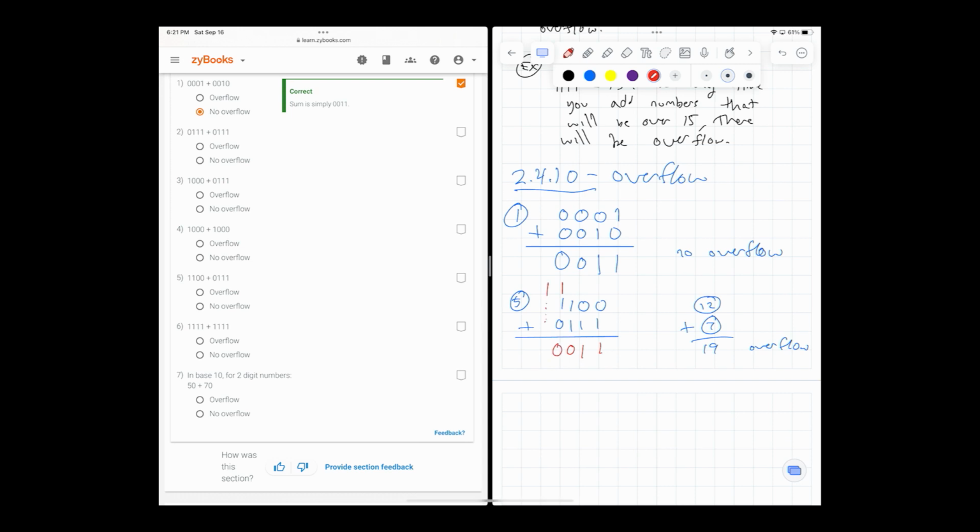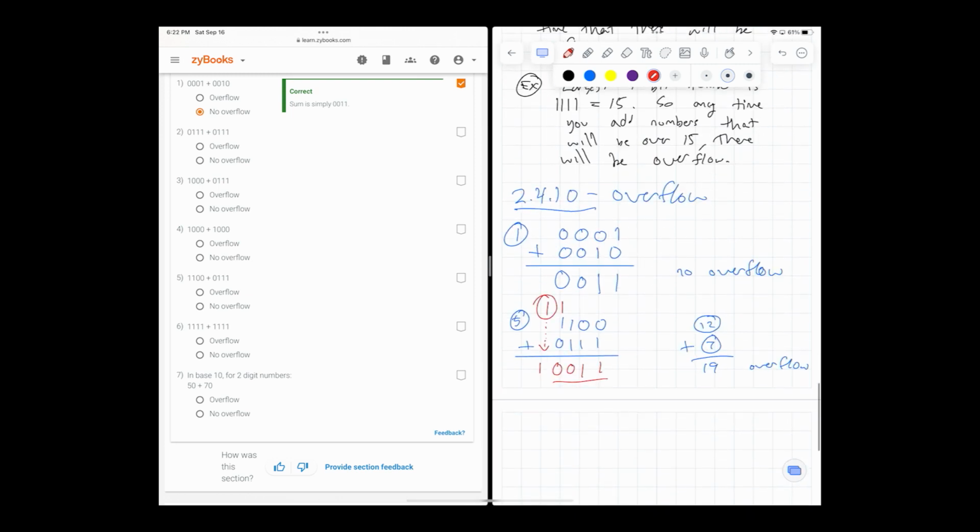And that one comes down, and you get a 1. So that takes 5 digits, right? It's supposed to fit in 4, but because of this extra carry bit, that's overflow. So you can't fit 19 inside of 4 bits. You need 5. So that was overflow.